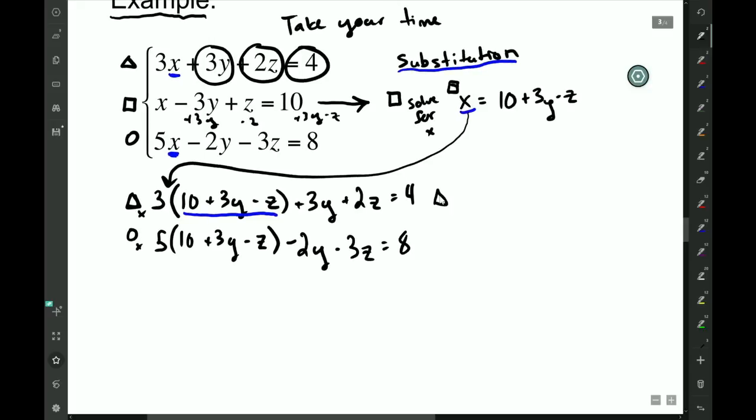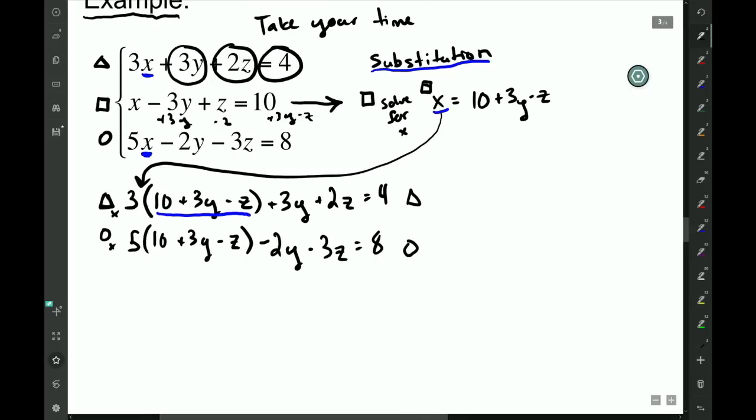So triangle simplified and circle simplified. Well, if we distribute the 3, boom, boom, boom, we have 30 plus 9y minus 3z plus 3y plus 2z equals 4.